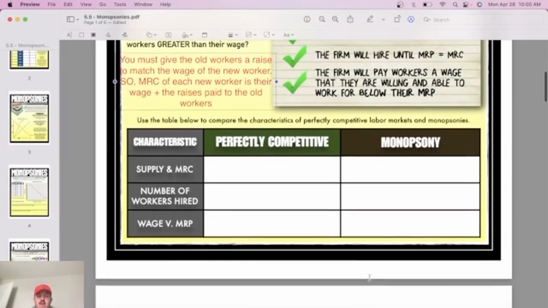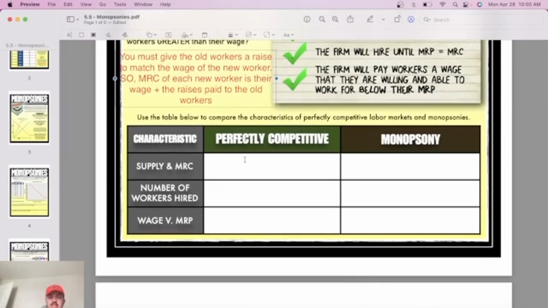Okay. If you go down perfectly competitive versus monopsony, a couple of the differences that we can note for this is a perfectly competitive one. Supply is the MRC. Can I even do this way? Sure, why not? All right, supply is the MRC.